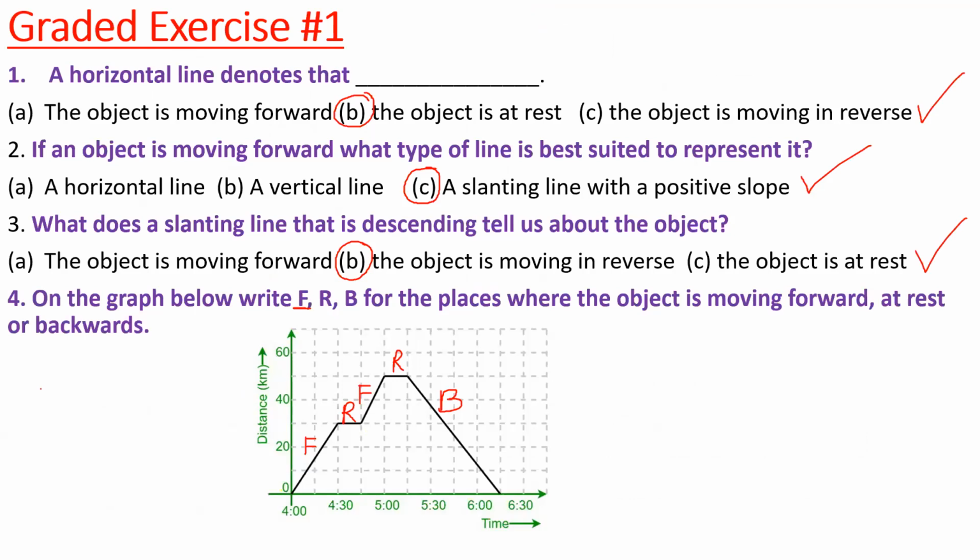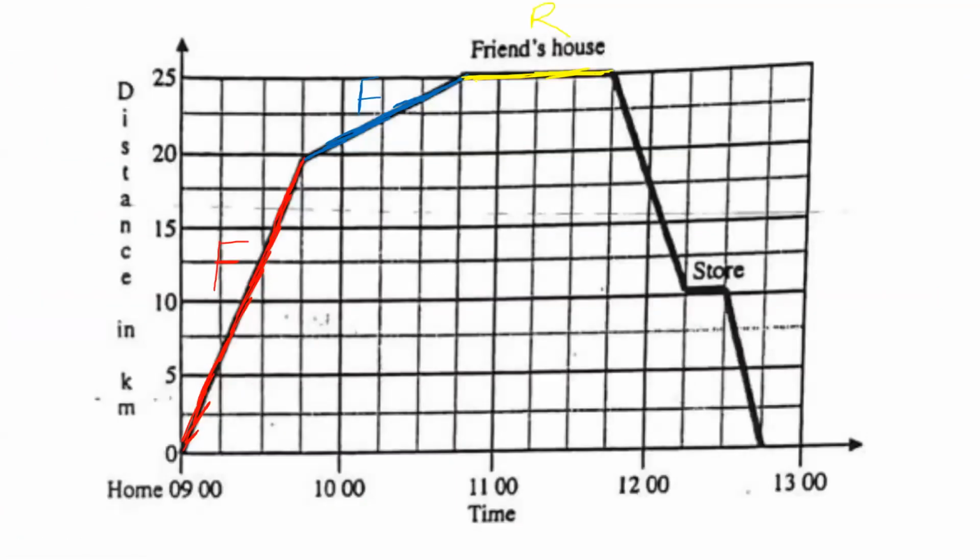By the way, please draw this diagram again. This is going to be very important because we're going to be answering questions based on this. Now what's happening in the green portion?